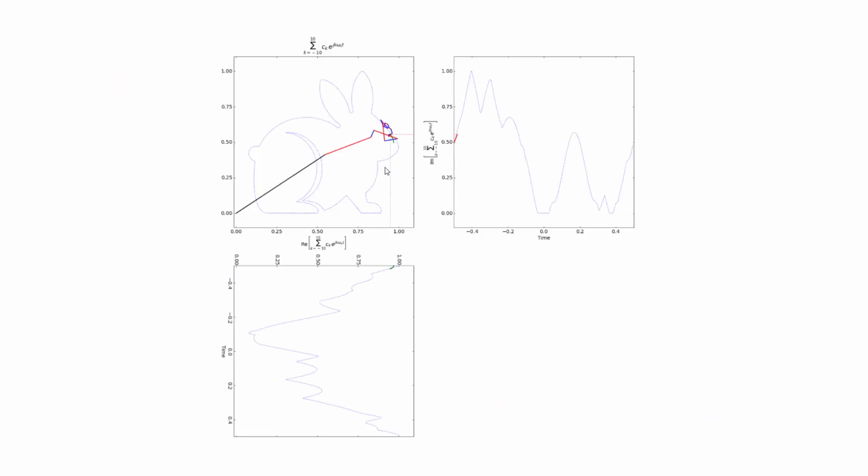So what you see over here is the animation, right? It's the approximation of the rabbit that you see here in blue using the Fourier series approximation, using here 21 Fourier coefficients. So here we have the fixed vector that corresponds to C0.